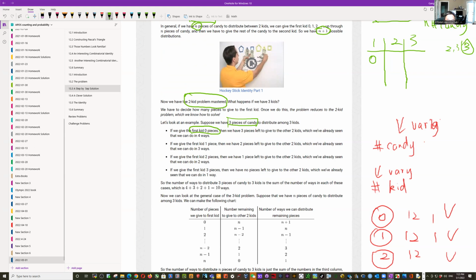So I'm going to change the column to the number of remaining candy.